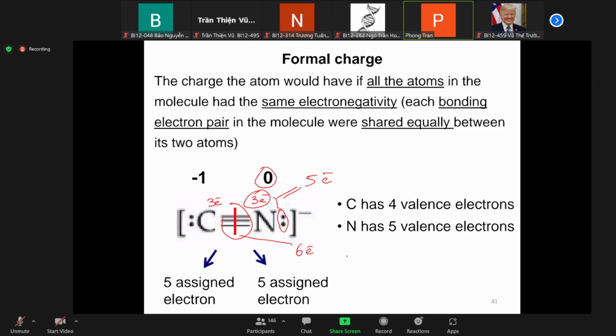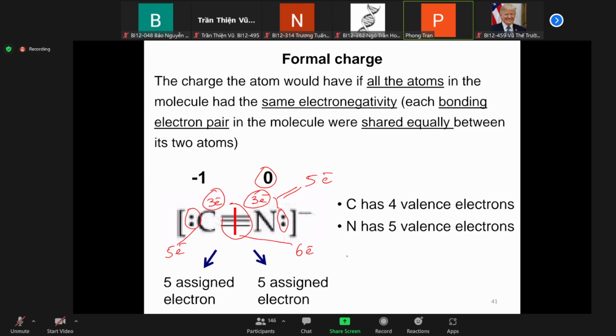How about the carbon? The total number on carbon will be 3 electrons here plus 2 electrons, so it will have 5 electrons. But because carbon has only 4 valence electrons, now in this bonding it has 5 electrons belonging to it. So it means that it has 1 electron in excess compared with before bonding.